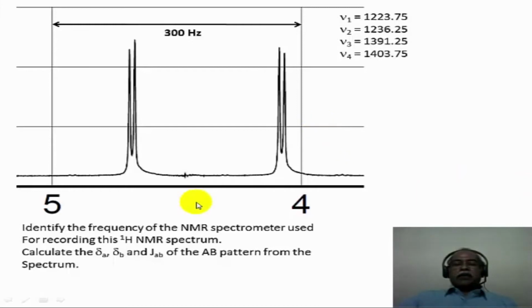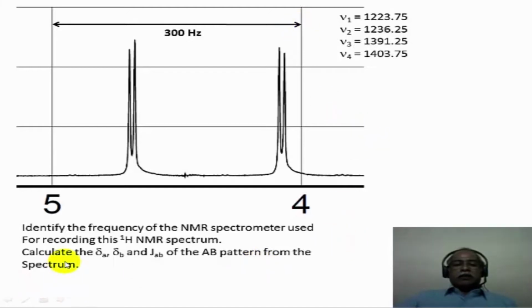The spectrometer frequency is what is asked in this problem. So 300 divided by 1 ppm corresponds to 300 megahertz. So the spectrometer is a 300 megahertz NMR spectrometer. This is a question one should be able to easily answer, based on the fact that a 1 ppm gap of 300 hertz corresponds to a 300 megahertz NMR spectrometer.